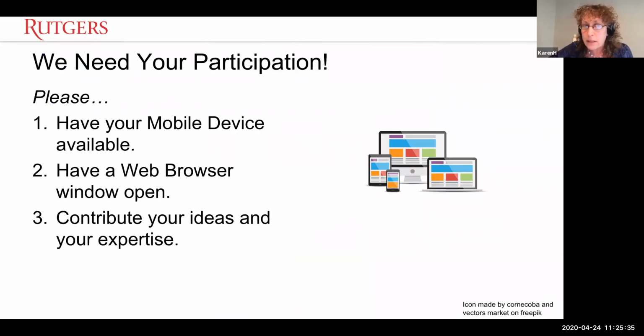And before we begin, I want to be sure everyone is going to be on the same page. So for this session, we are going to really need your participation. This is going to be an interactive session, so we want to be sure that you have a mobile device available, and/or a web browser window open running behind the scenes so that you can swipe over to your web browser as we post some URLs.